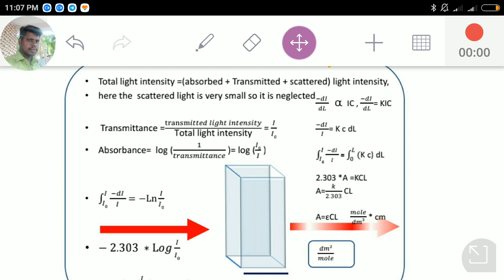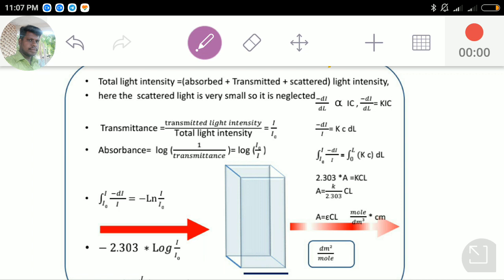We can remove this proportionality by introducing a small constant. After that, rearrange this equation by separating the variables: minus dI by I equals k into C into dl.